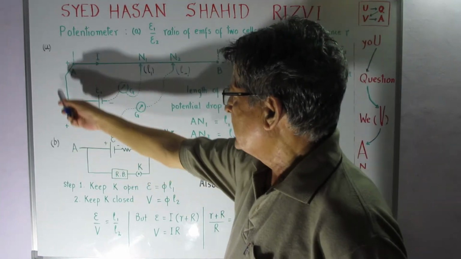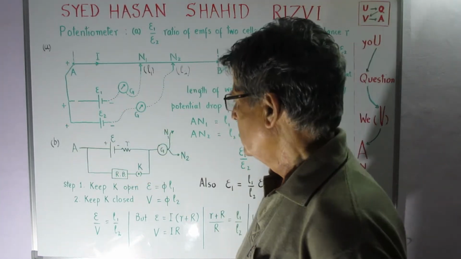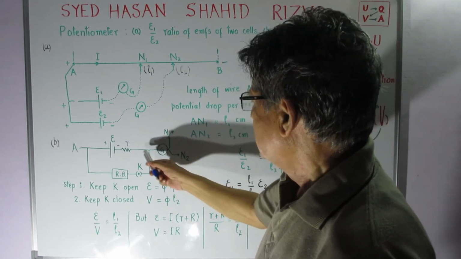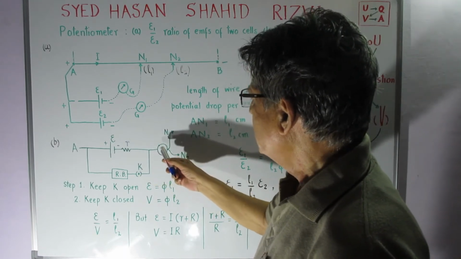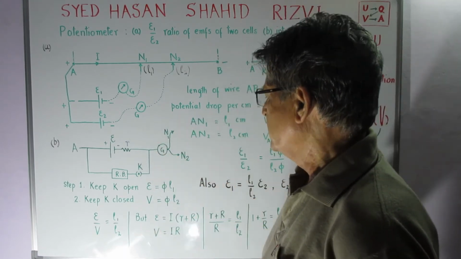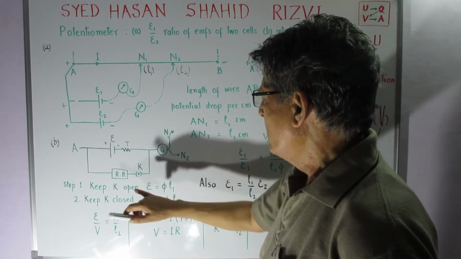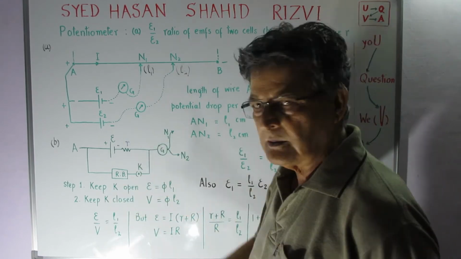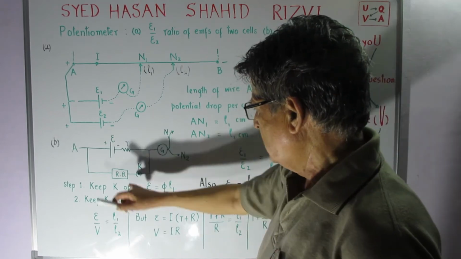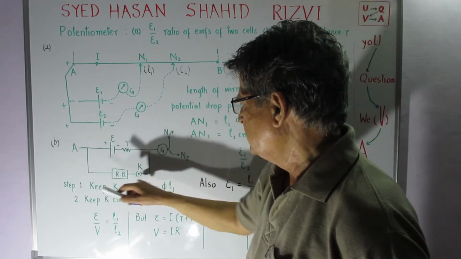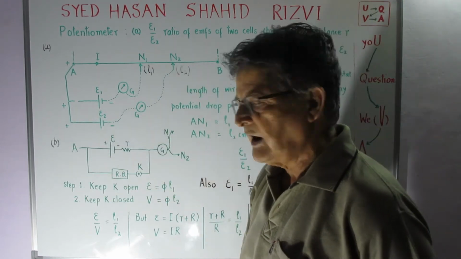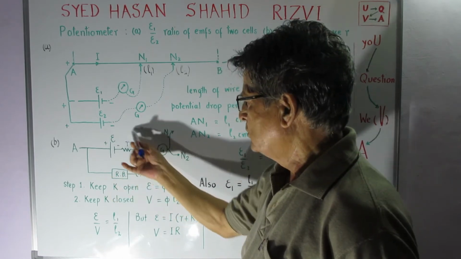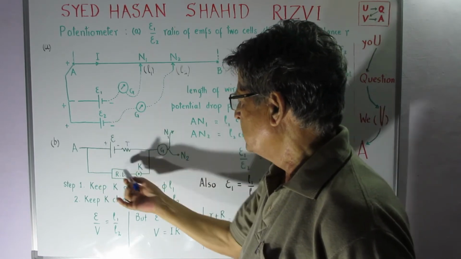This part is connected to A, and the other end through the galvanometer, it determines when key K is open. This key is open. Okay. So naturally the resistance between this and this becomes infinite. So whatever is there is due to the E and r combination over there.